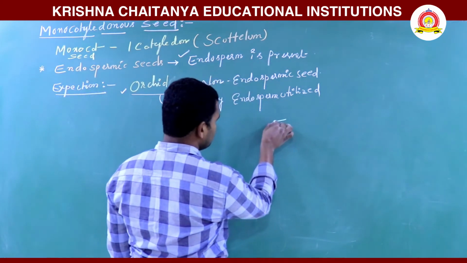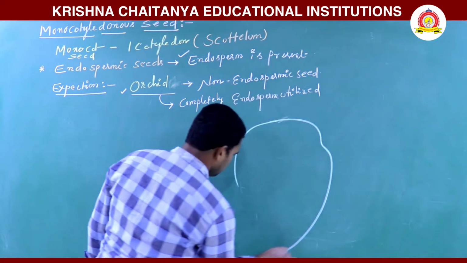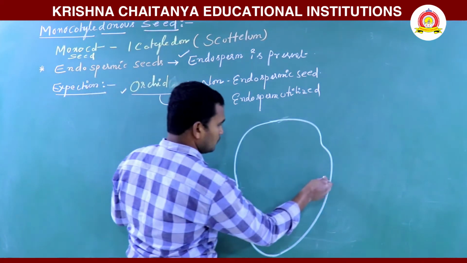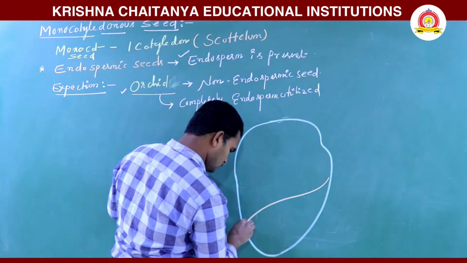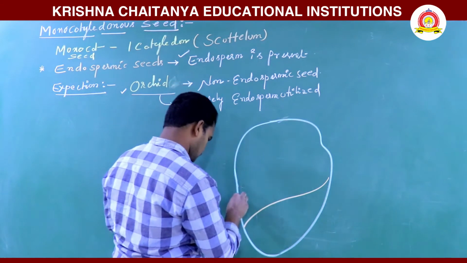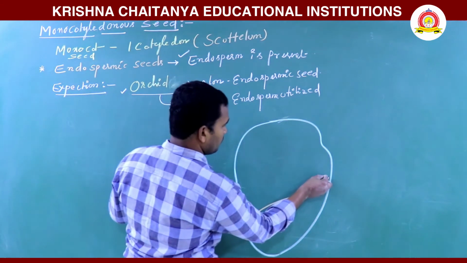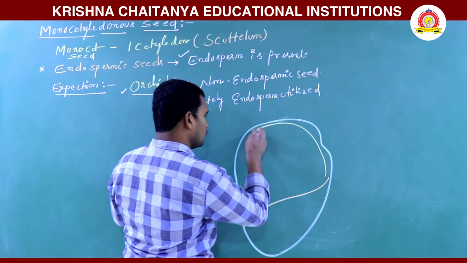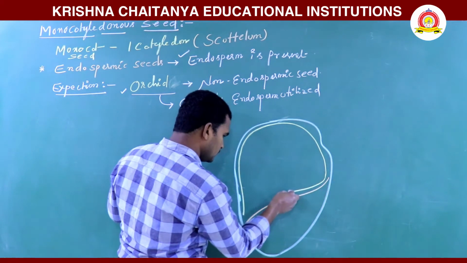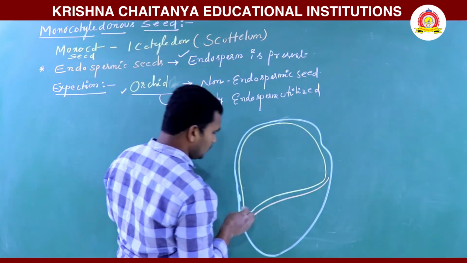See here, this is the monocot seed. The monocot seed has endosperm, and also the embryo is there.